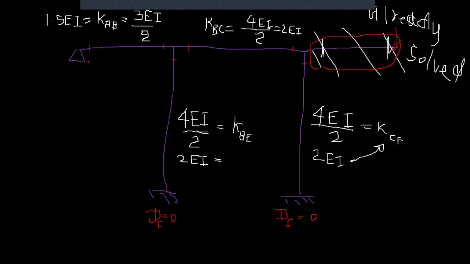Here you only have one member, so the distribution factor is 1, right? So the distribution factor BA is 1.